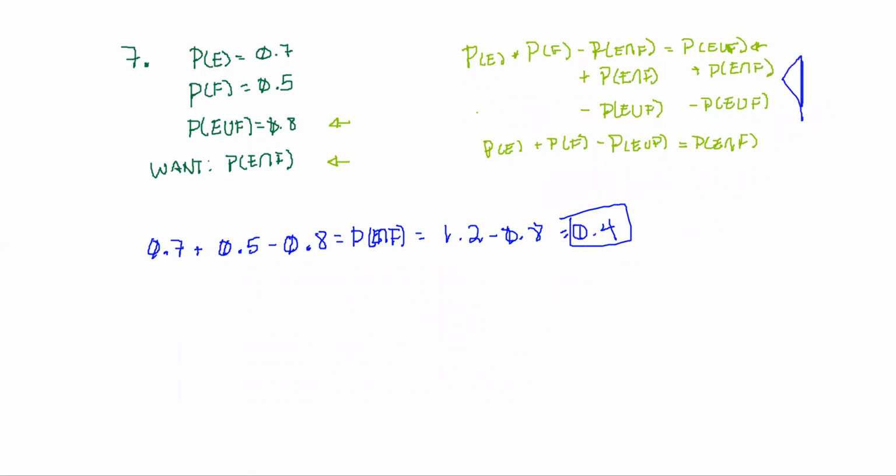If you don't want to look at all of this stuff going on up here, what you can actually end up doing is just put the numbers into equation 3, which again is what we used for number 5.